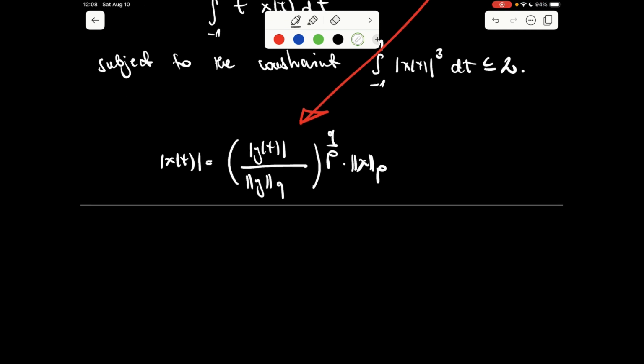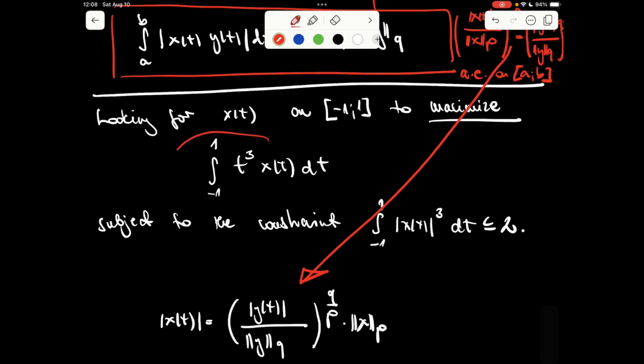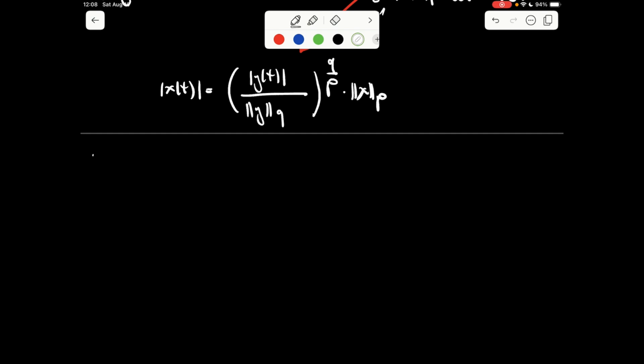So we need to maximize an integral. So this is the objective function. With the constraint, and to use the Hölder inequality, we must say that x is in space LP and y is in LQ.